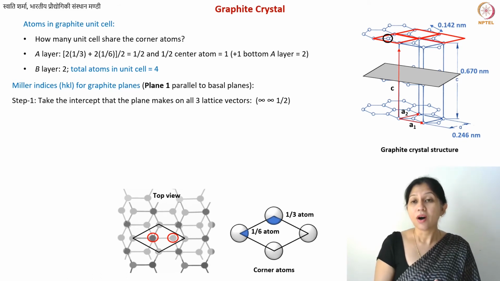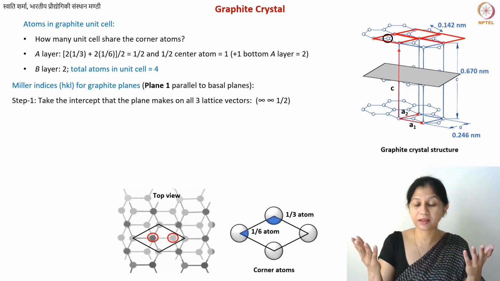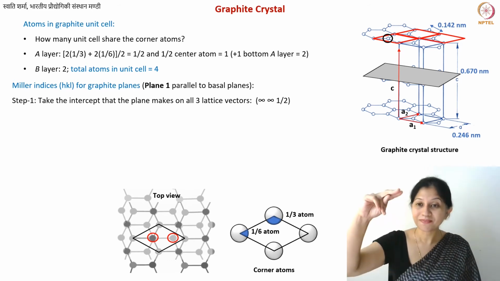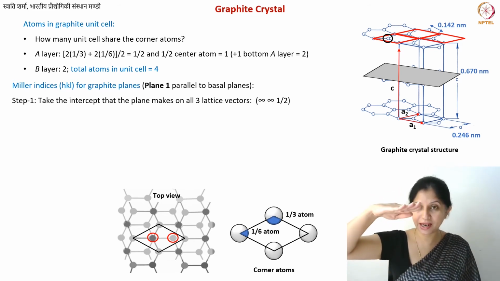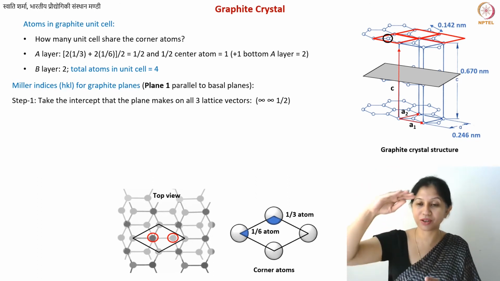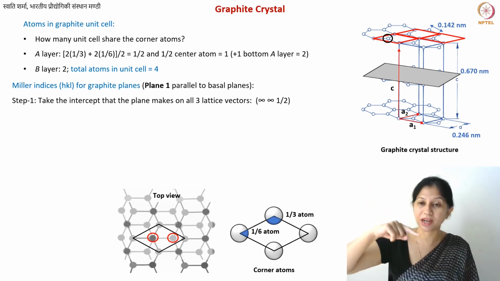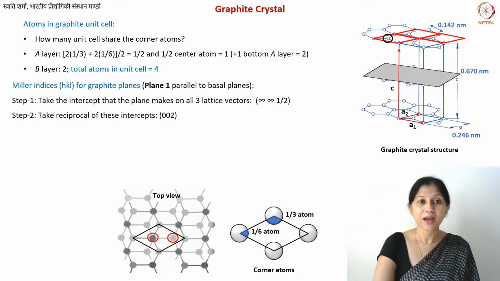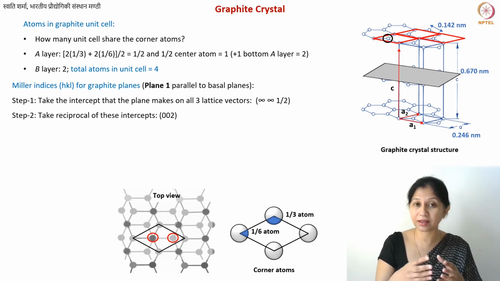Okay, so on lattice vectors A1 and A2, it will have infinity, since the plane is parallel to them and will never intercept them. And you have the plane at C/2, because your entire unit cell has 2 A layers. So this is C/2, or half on the C axis. Okay, now the second step of the calculation is that you take the reciprocal of these intercepts.